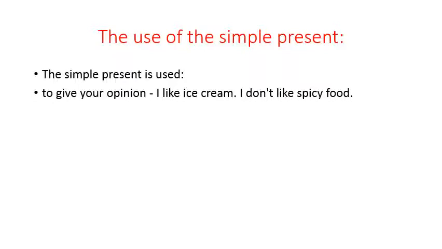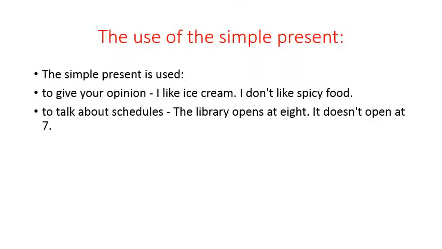When you have your own thoughts, when you have your opinions, you can use simple present tense to tell about your opinion, such as I like ice cream. That's my opinion. That's what I like to do. So I can explain that using simple present tense.